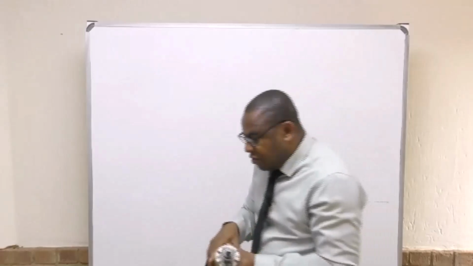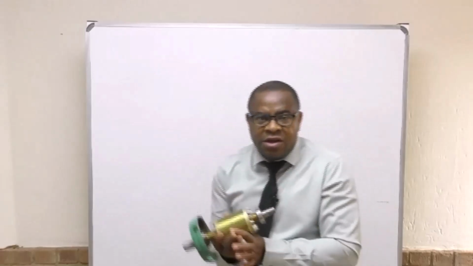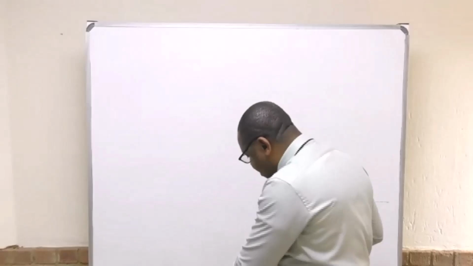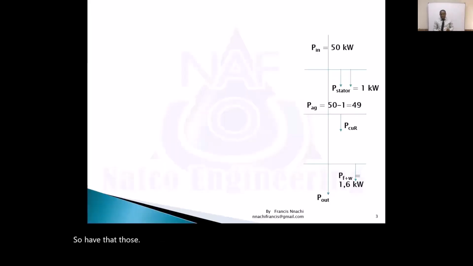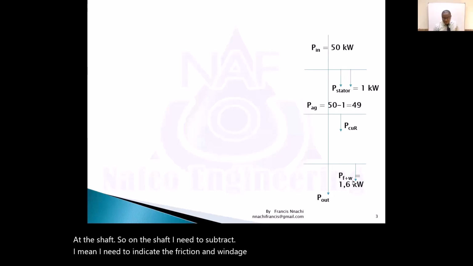That means I have grouped this into 3: the stator, the rotor, and the shaft. On the shaft, I need to indicate the friction and windage loss, which is given to us as 1.6.